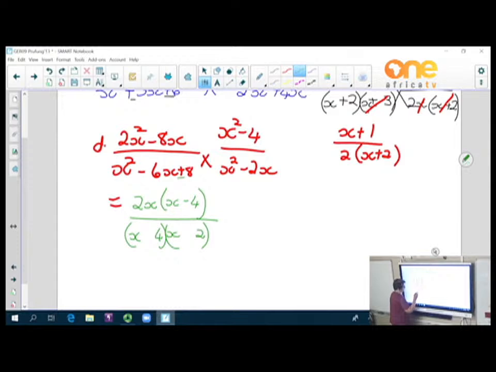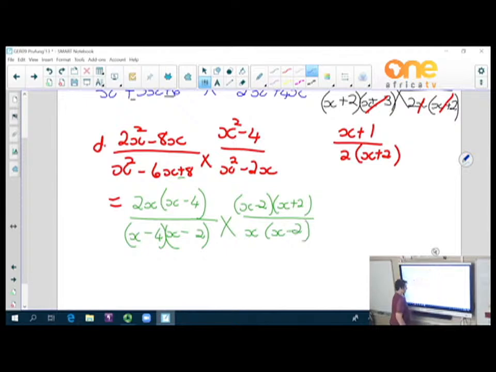Signs are equal, but both will be negative now. Multiply. This is the difference between square numbers. So it's x minus 2, x plus 2. Here I'm taking out the highest common factor of x, and then there remains x minus 2.